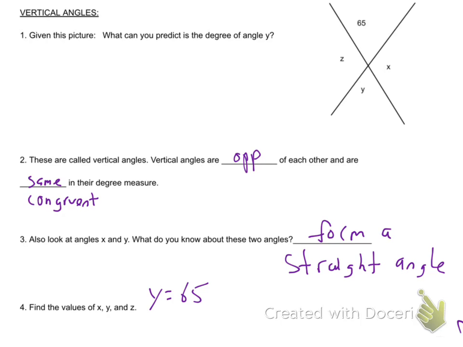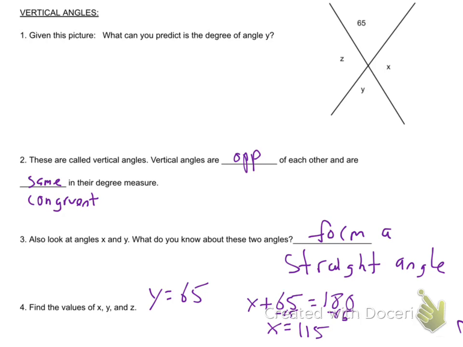How do I find z or find x? 180 minus 65. So let's set up a little equation, guys. Which variable do you guys want to use or find? X? Z. X plus 65 is equal to 180. So x has to equal 180 minus 65. What do you get? 115.